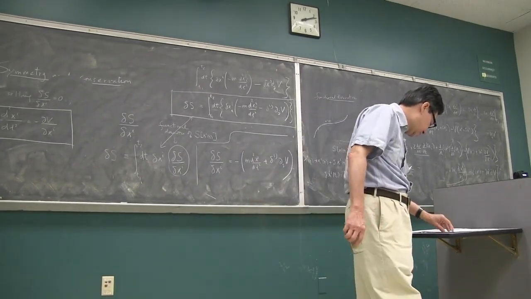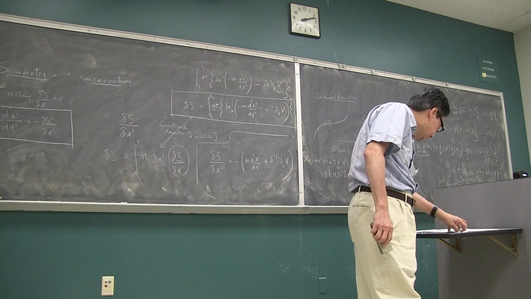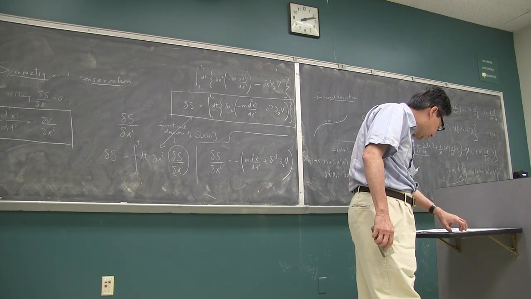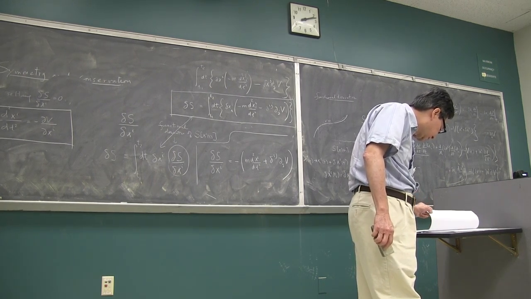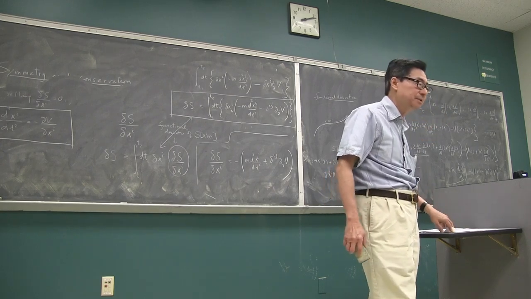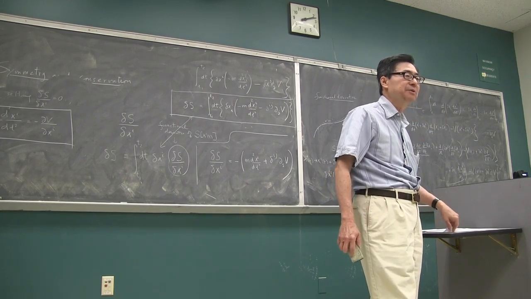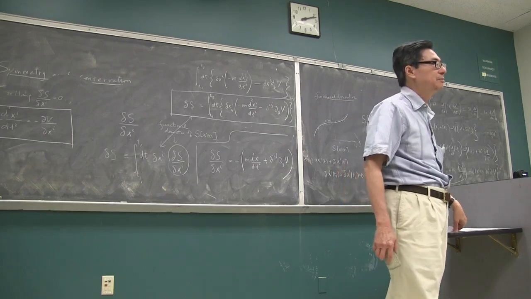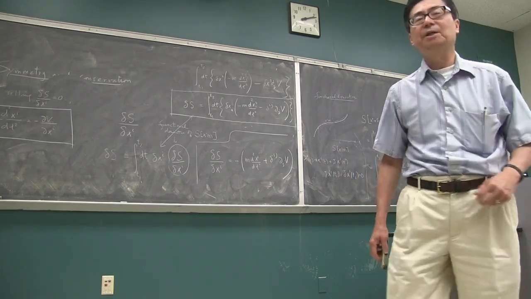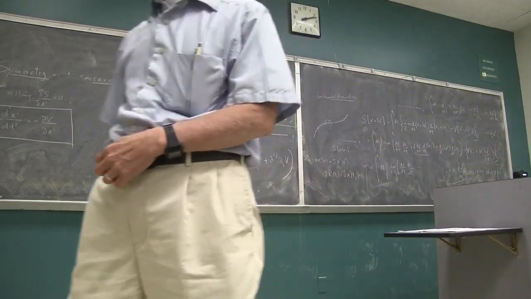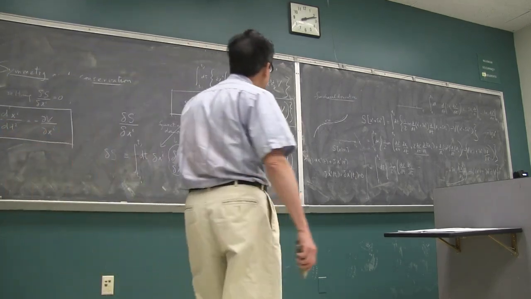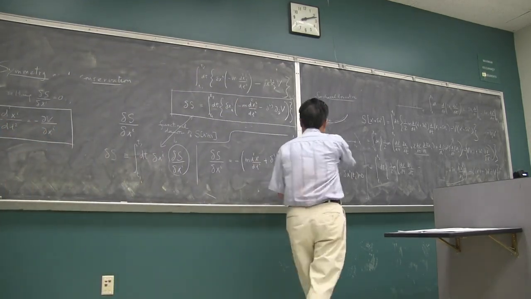Now let's see what are the consequences of rotational symmetry. I'm going to try to show you that the consequence is exactly nothing more and nothing less than the principle of conservation of angular momentum, simply by requiring rotational symmetry in a particular class of mechanics.